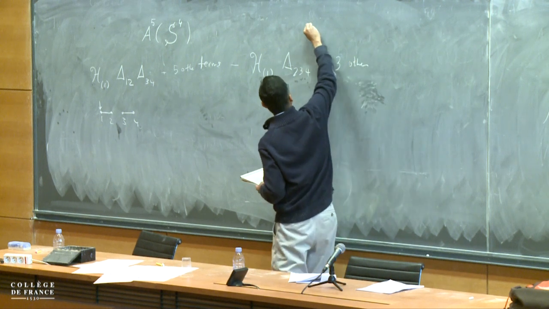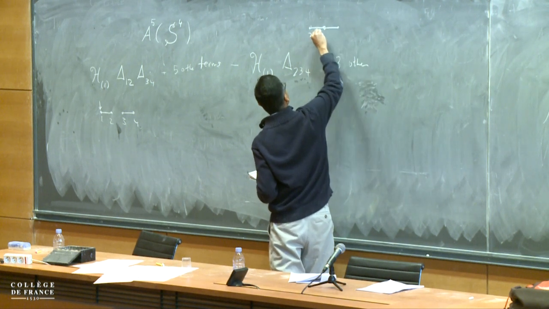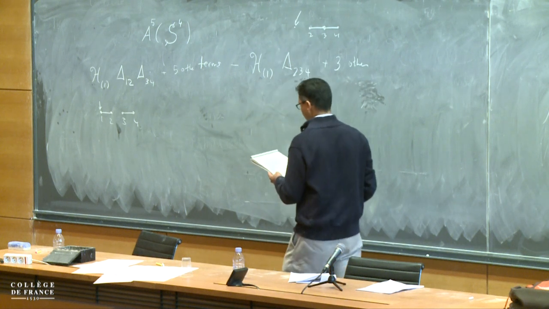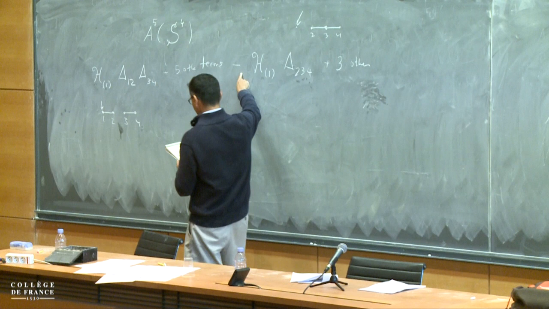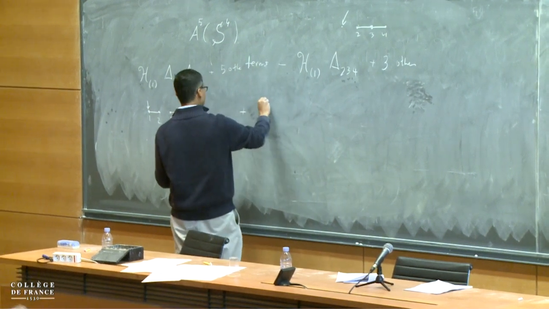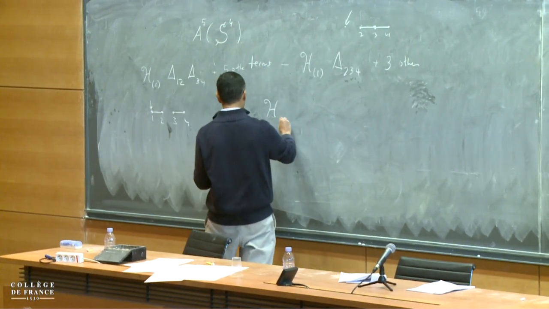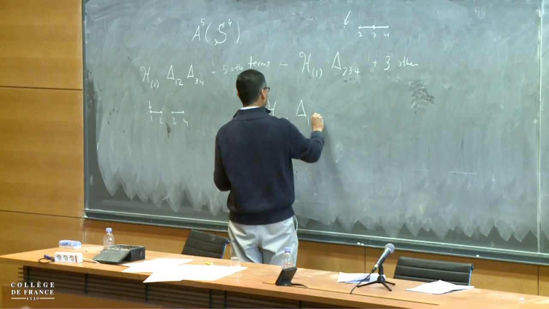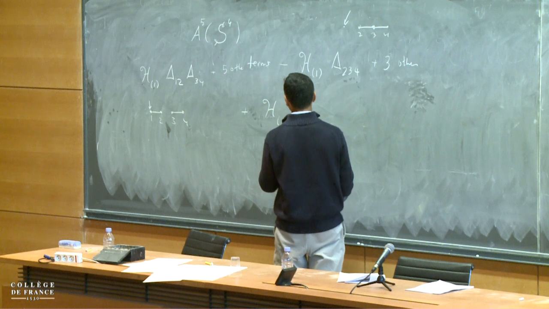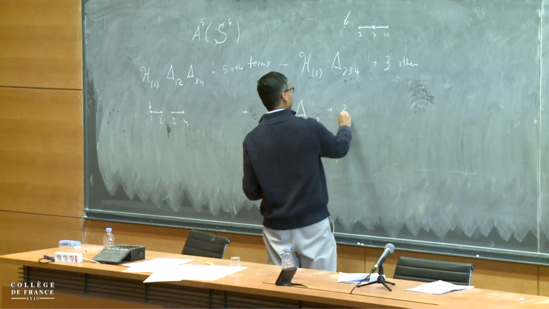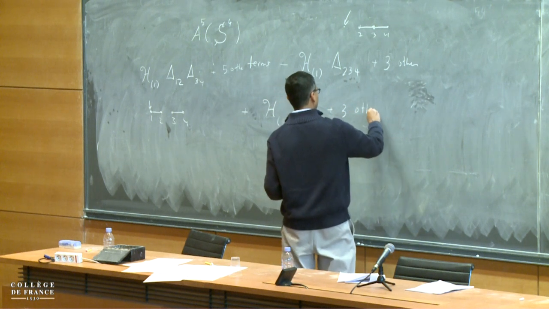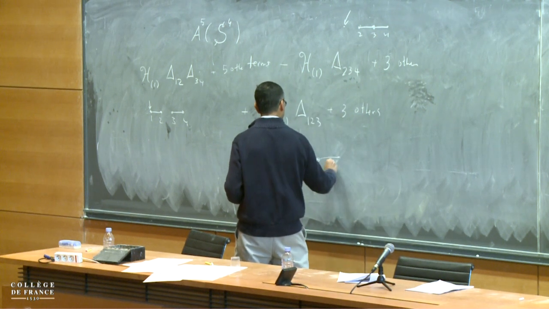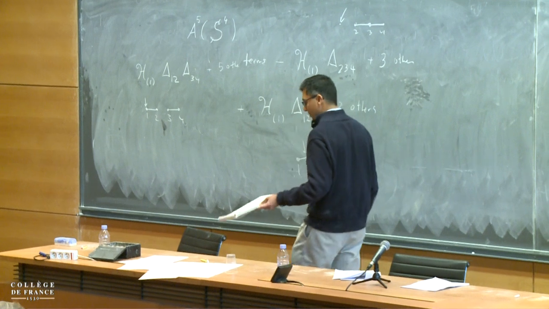So it comes from the picture 2, 3, 4, and then the H is over there. And that comes with the minus sign, and then there's this H. 1, right? And this also comes with 3 brothers. This is the diagram 1, 2, 3, and the H lives here.